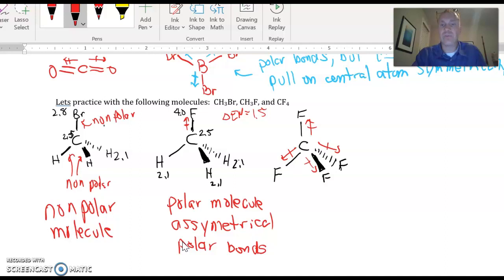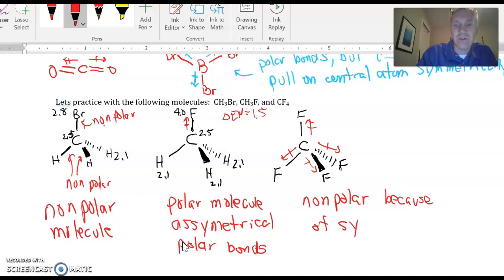If you took this molecule, had it in outer space, and you had 4 different people pulling on the fluorines in the direction that they're going, this central carbon would stay exactly where it is. Those forces would cancel out. So this would be nonpolar because of symmetrical polar bonds.